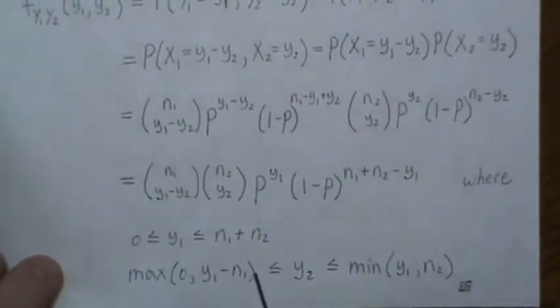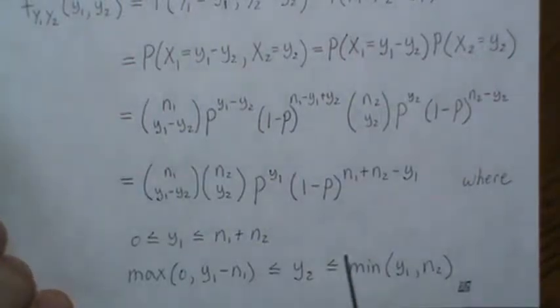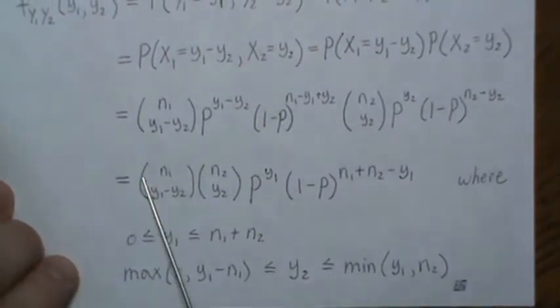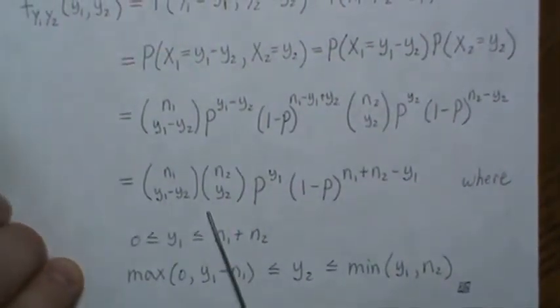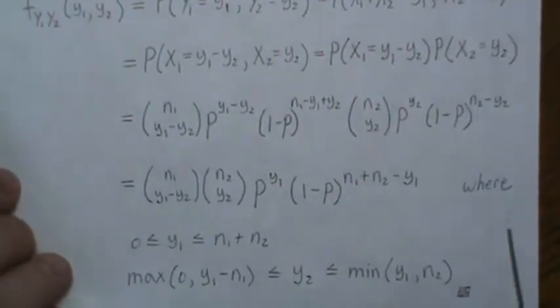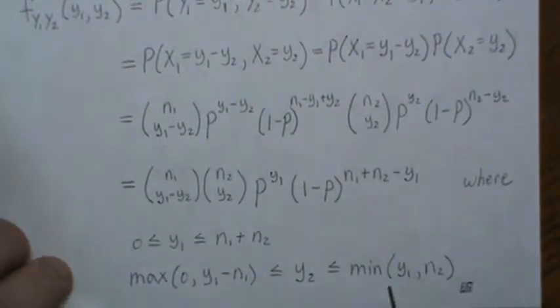And y2 is between these two variables, the maximum of this and the minimum of this. And now we're going to spend a page and a half to make sure what this even means. And we are going to simplify this, which will then help us find the conditional distribution.